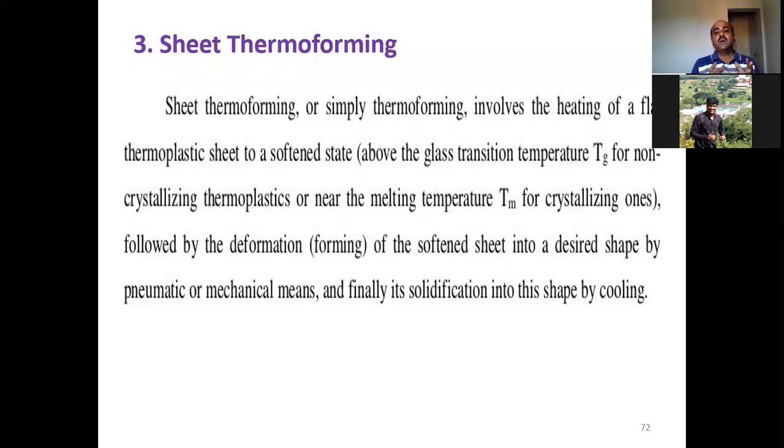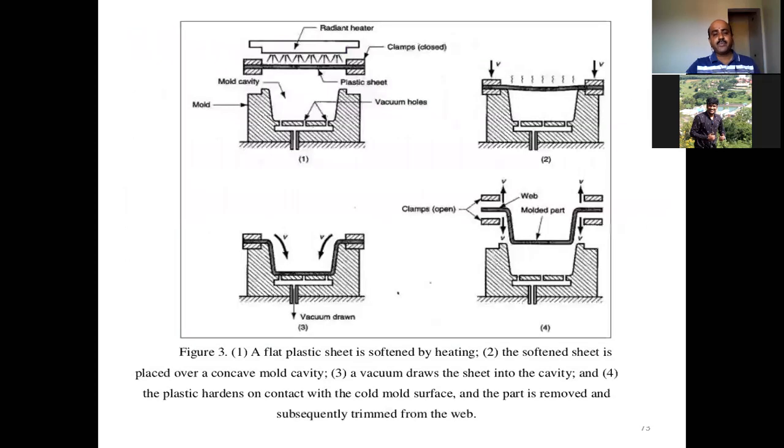Once the hot sheet is deformed, it is allowed to solidify, which is nothing but cooling. Once it gets cooled, you get the required shape of the final product. So this is sheet thermoforming, which has already been discussed in the previous class.